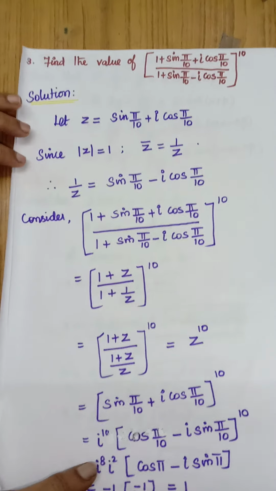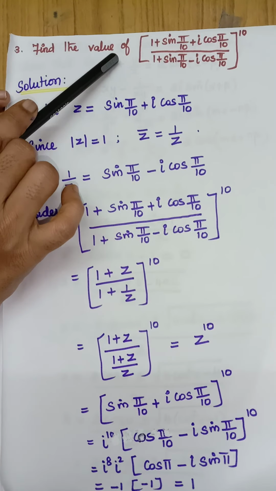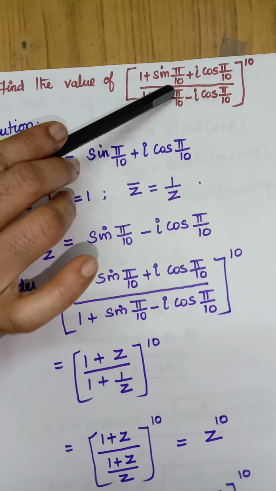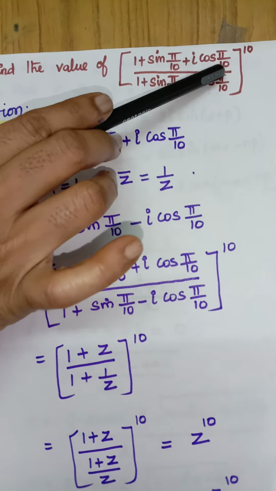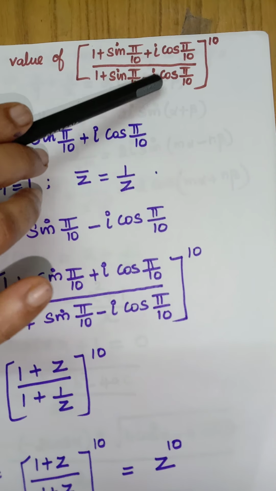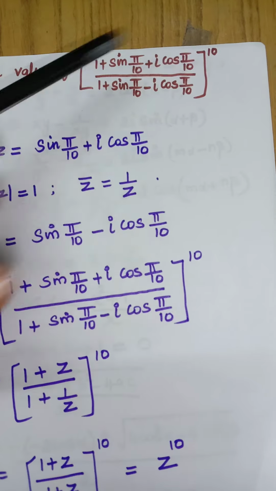Okay, so we'll come to the third problem. Find the value of (1 plus sin pi by 10 plus i cos pi by 10) divided by (1 plus sin pi by 10 minus i cos pi by 10), the whole power 10.